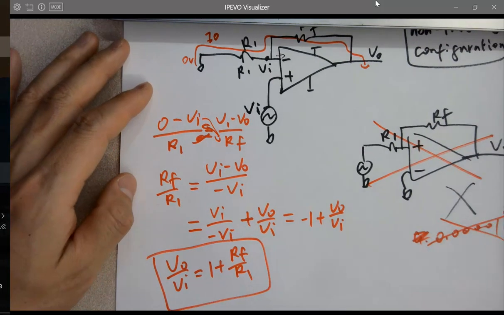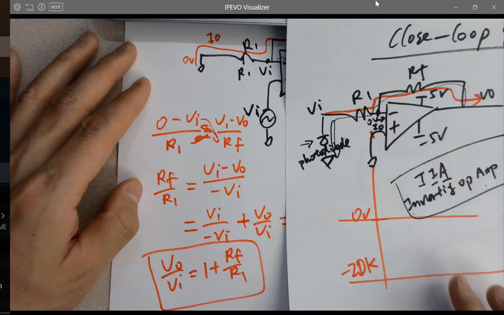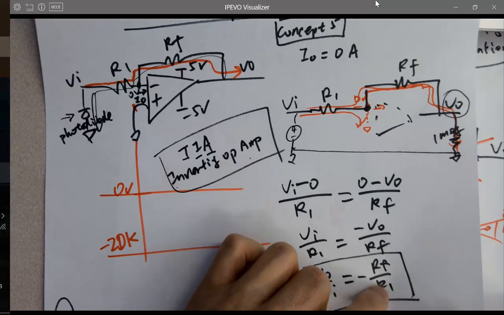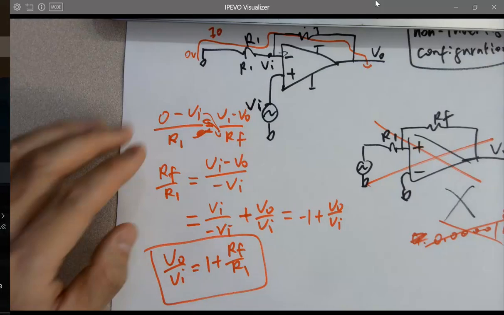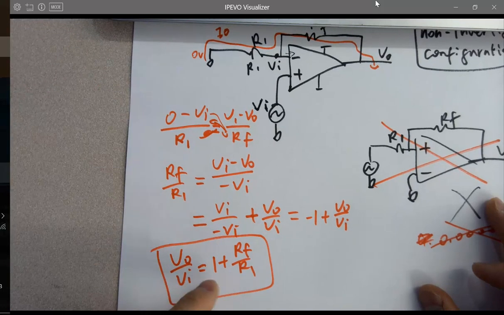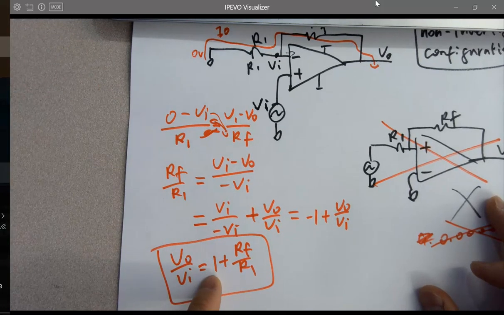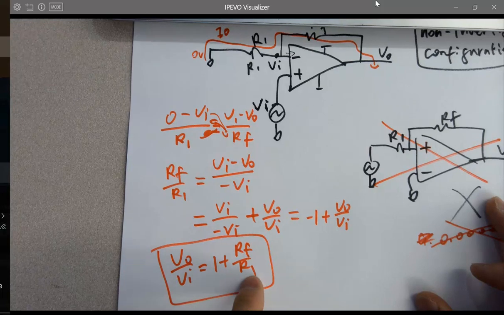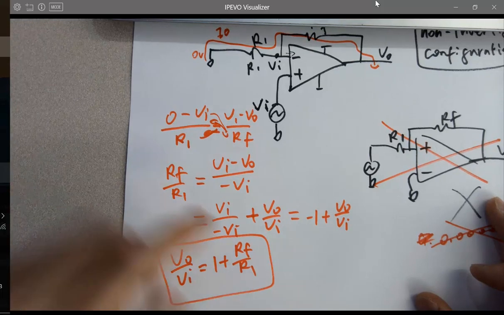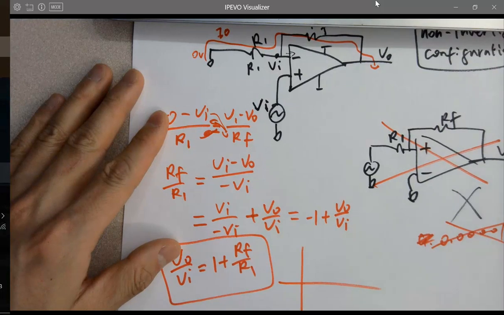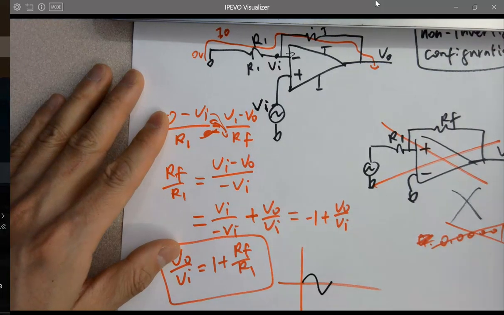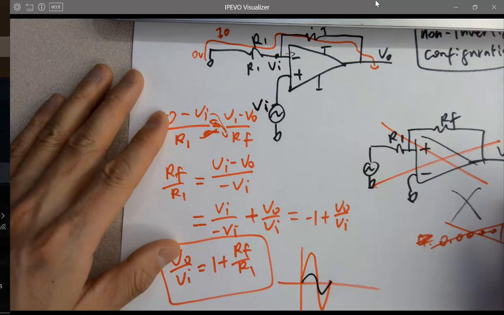Keep in mind it's different. For the inverting topology, it's simply minus RF over R1. But for the non-inverting topology, there's no minus sign, which means there's no phase change. So it's directly 1 plus RF over R1. Phase change means you've got an input like this, and the output becomes this. There's no phase change for the non-inverting.